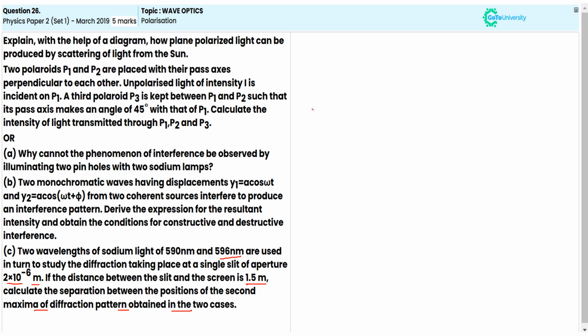This is x1, we know that x1 is equal to (2n plus 1) divided by 2 times lambda D divided by alpha. Okay. Then n is equal to 1. Then we can write this as 3 by 2 times D by alpha times 590 nanometer lambda value.